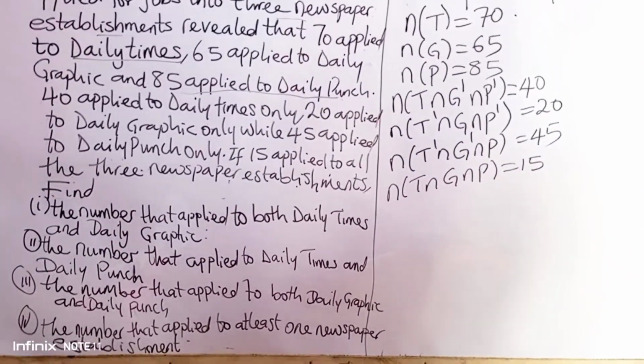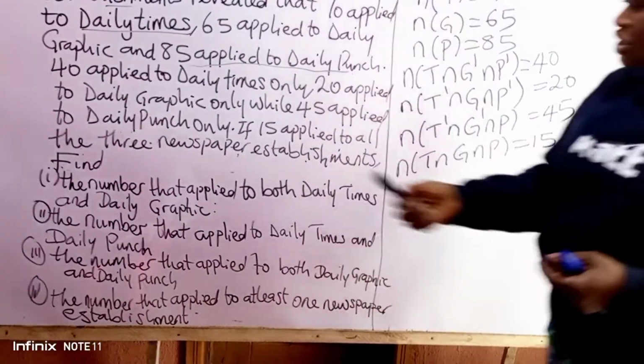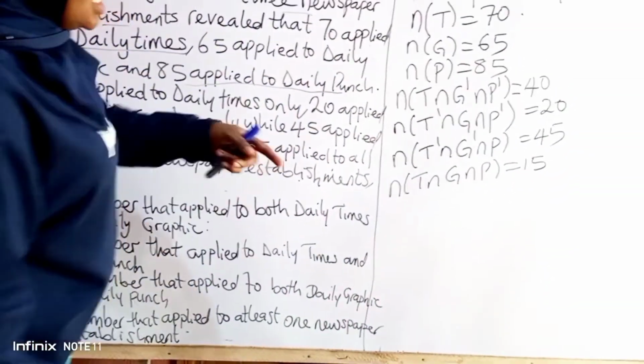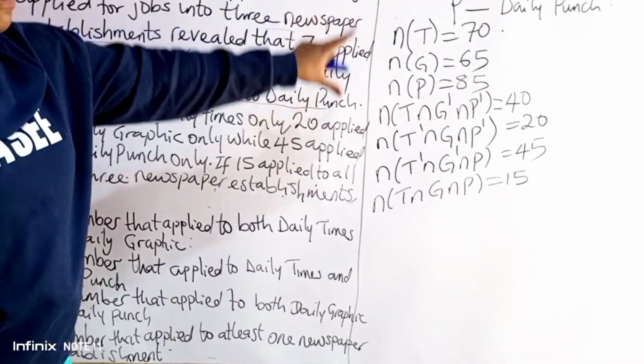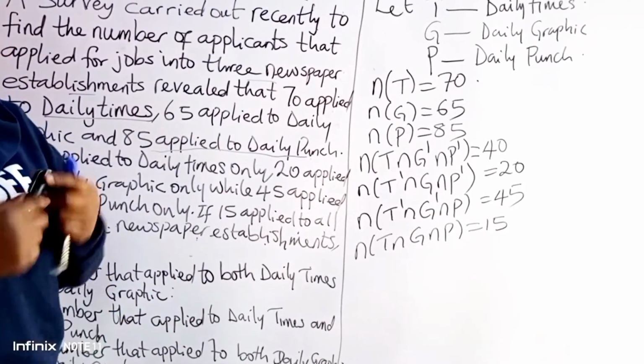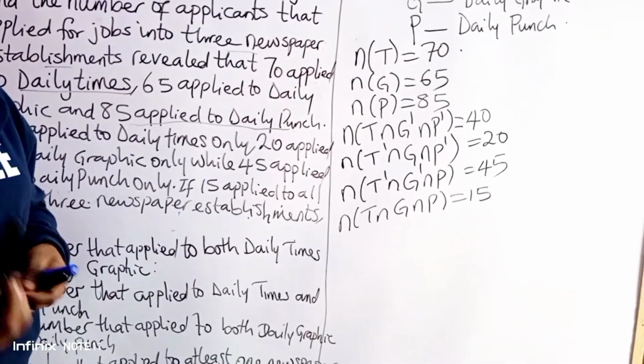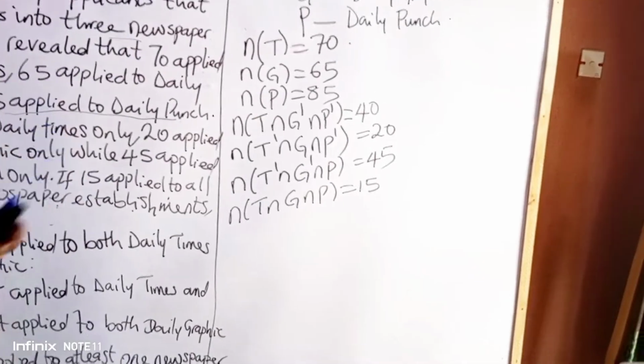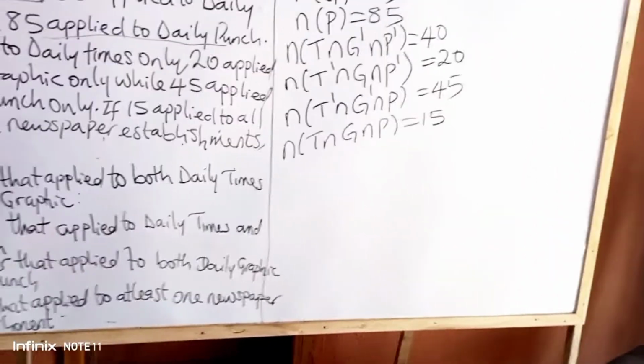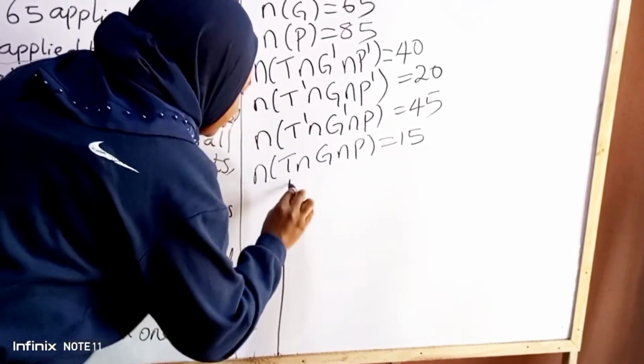So now, before you read on, the next thing is that we have to represent everything here in a Venn diagram. That is the next step if you quickly want to finish this question. So Venn diagram, draw it.